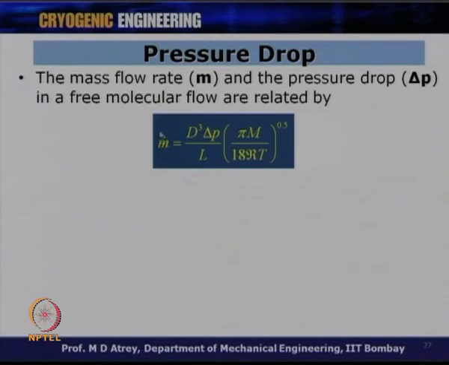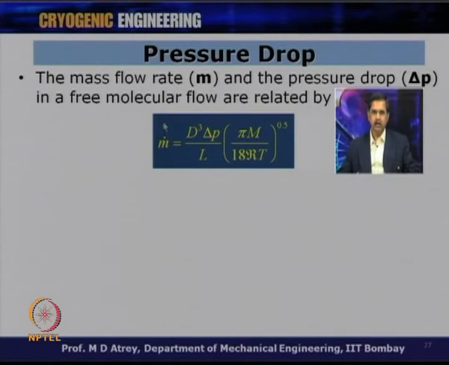However, its dependence on diameter has changed. If you recollect, in the continuum region it was directly dependent on d to the power 4. In slip flow it was a complex relationship, while here in the molecular region m dot is directly dependent on the power 3 of the diameter, d cubed.